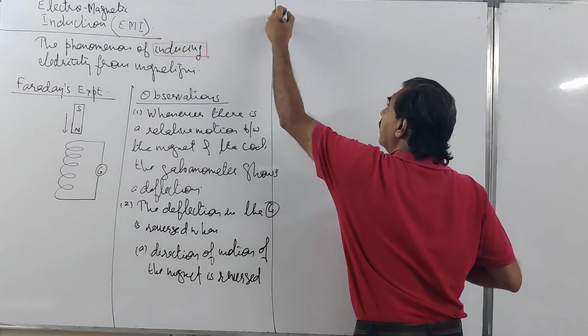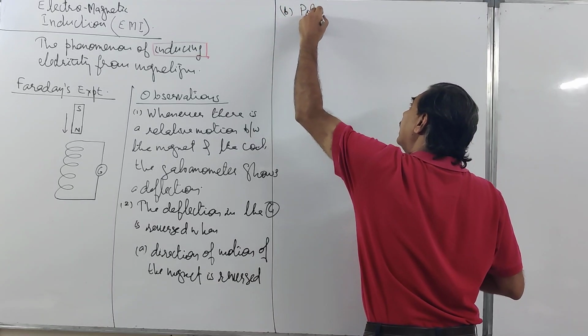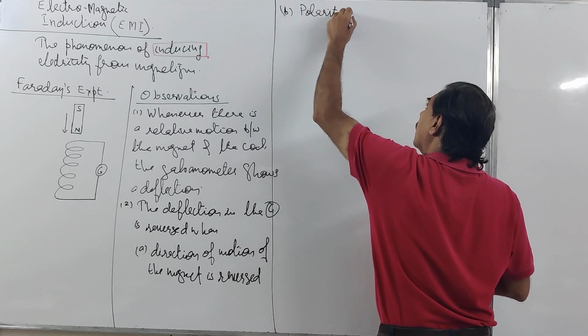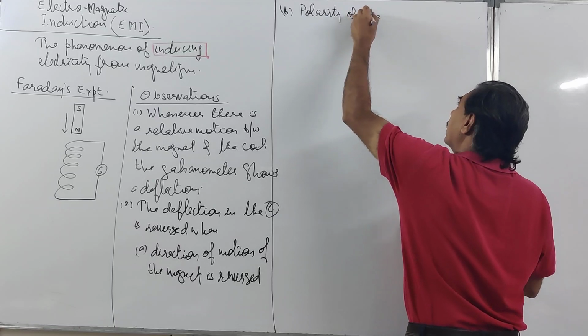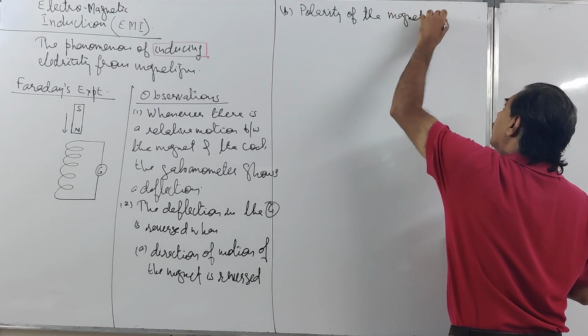B, the polarity of the magnet is reversed.